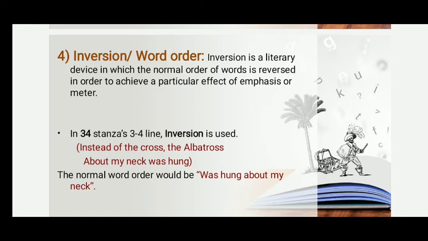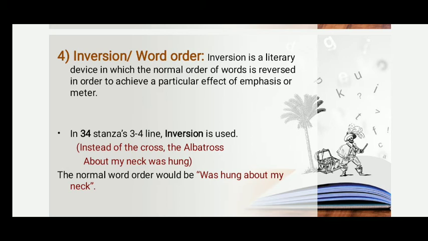Now, the fourth literary device in the second part of this poem is inversion, or word order. What is inversion? It is a literary device in which the normal order of words is reversed in order to achieve a particular effect of emphasis or a meter.